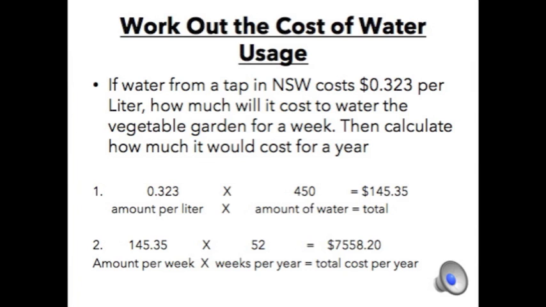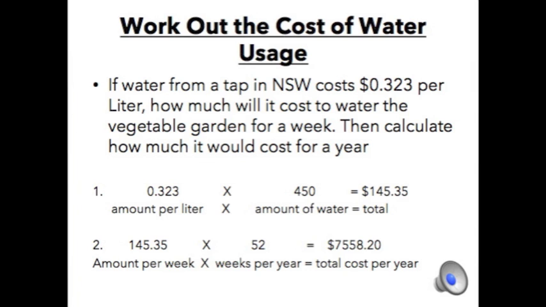Another reducing factor we can look at is cost. If water from a tap in New South Wales costs 32 cents per litre, how much will it cost to water the vegetable garden for a week? We can then calculate how much it will cost for a year. So we're going to multiply the amount per litre by the amount of water used.